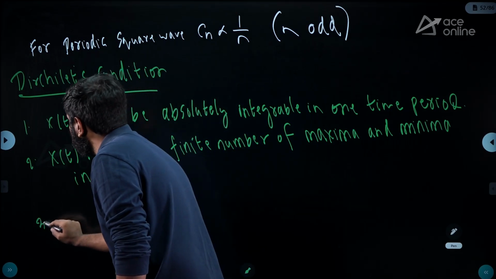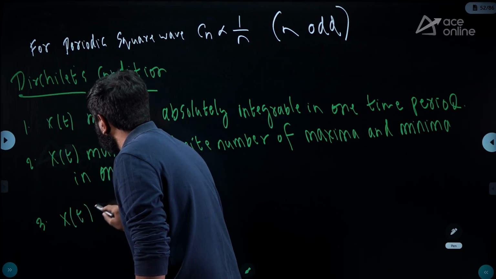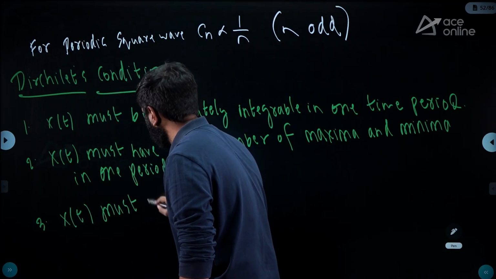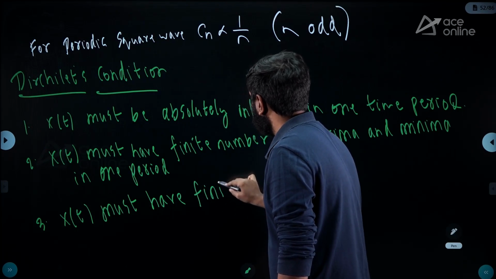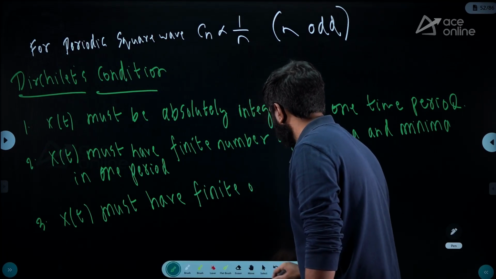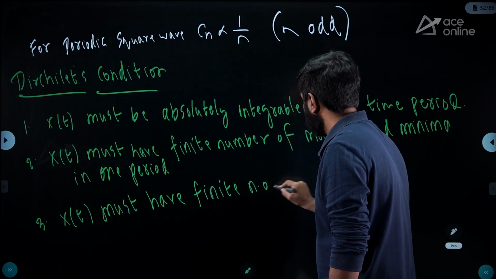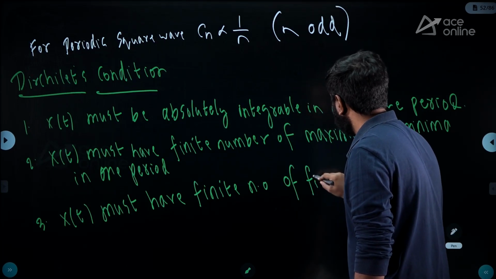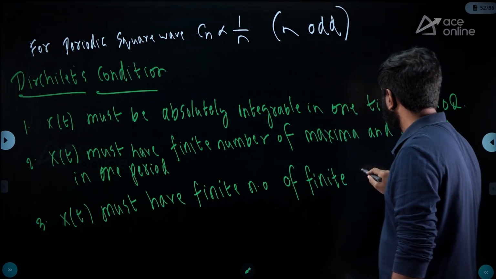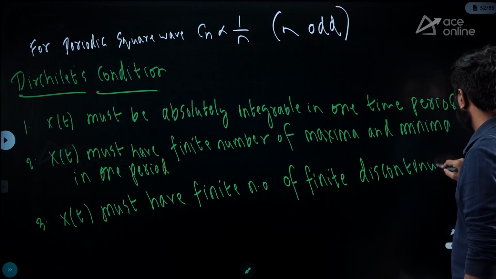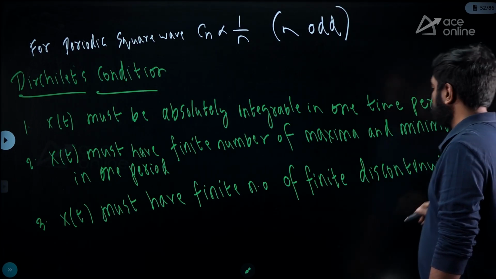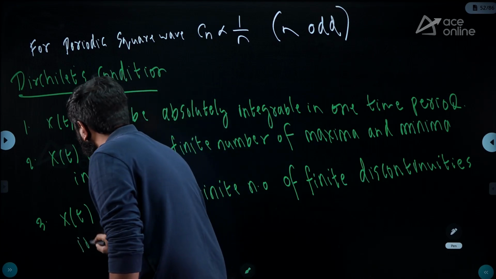The third one is that x(t) must have a finite number of finite discontinuities in one time period.